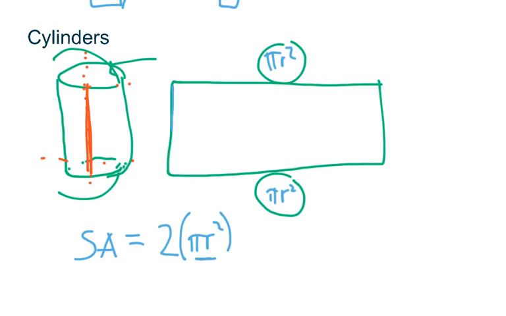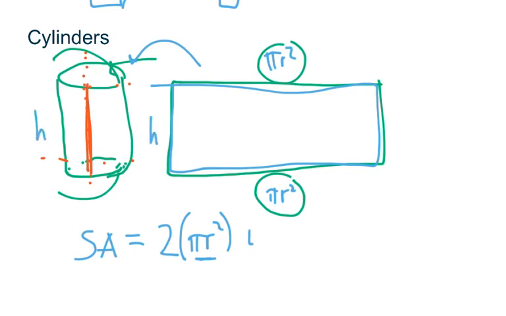Now, this part is where it gets a little bit interesting. This is why we want to cut it open and be able to see the net. Before we had cut it open, we have the depth, or perhaps the height would be a better variable in this situation. So we'll definitely have this h. And when we've cut open this cylinder, we turned it into a rectangle.